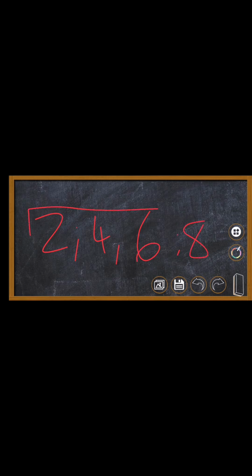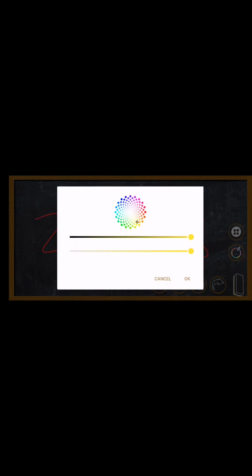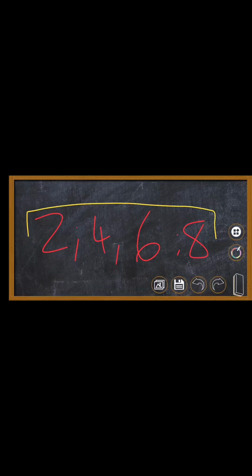That's our sequence, right? So let's label it. We're going to label it sequence. And we say that each item which makes up a sequence is called a term. So this is a term, this is a term, this is a term, this is a term. So how are we going to label it? Let's use another color, and that's going to be called a term.